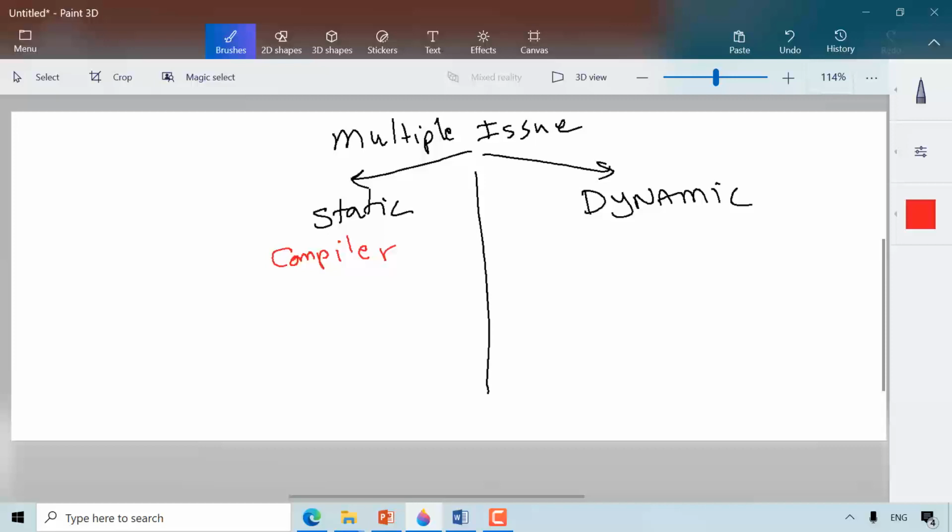While in the dynamic, it is the CPU which issues or chooses those multiple instructions. So one happens at compile time, before running the program, and the other happens during running of the program.